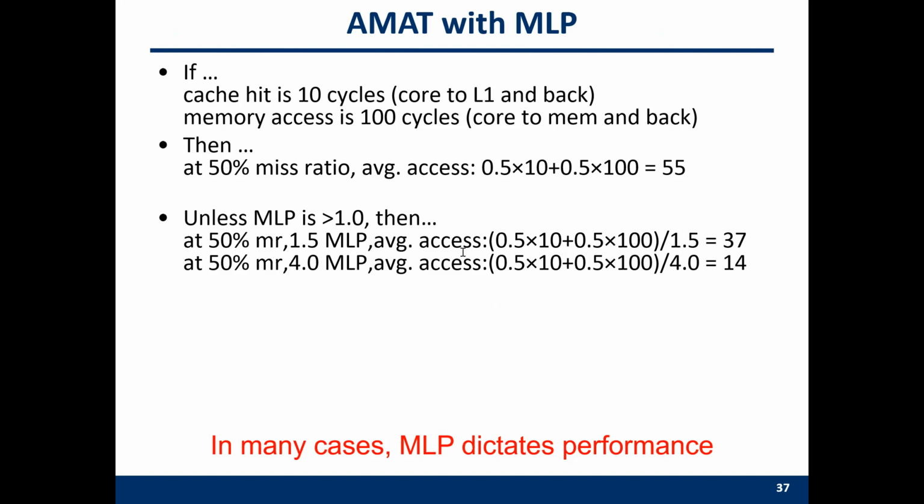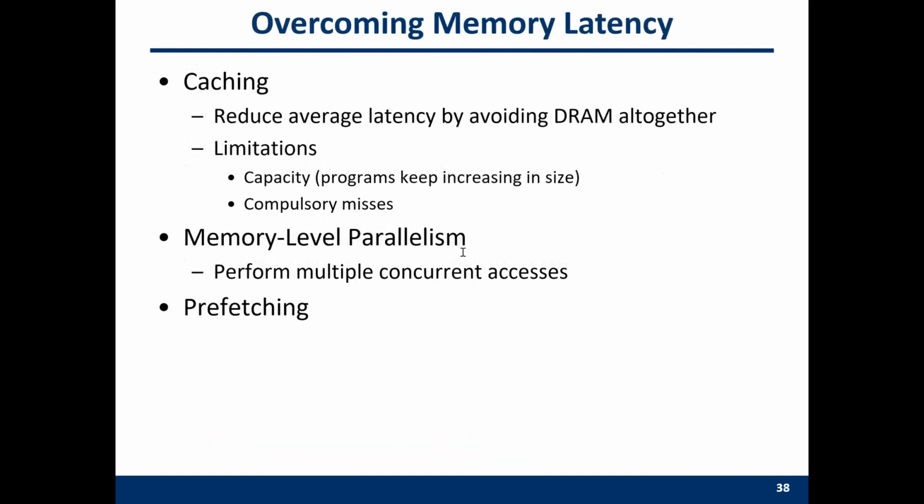Because nowadays, almost every application needs to process big data, so memory dominates the performance, and memory level parallelism becomes more and more important. In order to reduce the latency, on the memory controller, you can encode that and do the prediction.